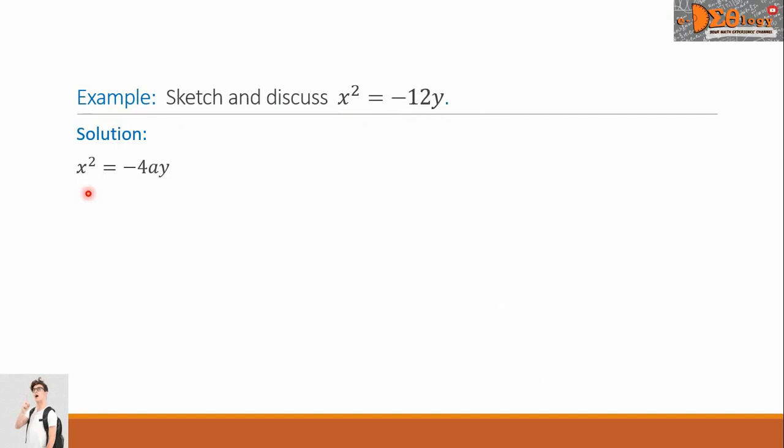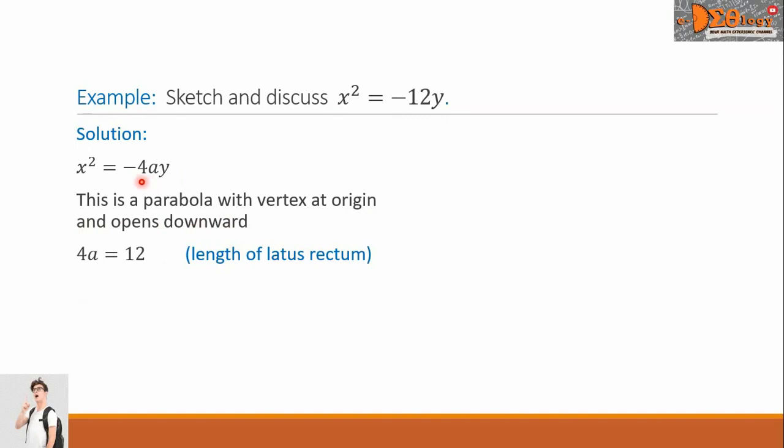So that is x squared equals negative 4ay. We will take the positive value 4a, and this is equal to that value 12. This 12 here is the length of latus rectum. We can solve for a by dividing this equation by 4. So the value of a equals 3.